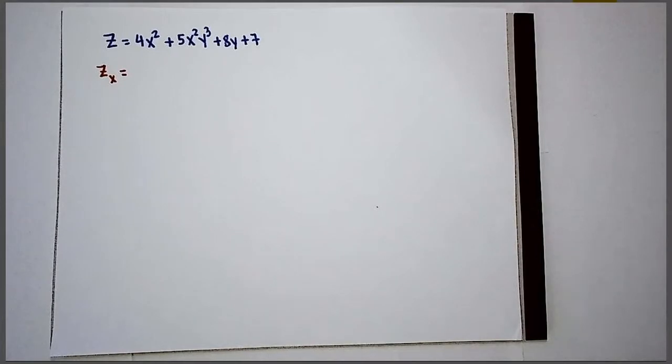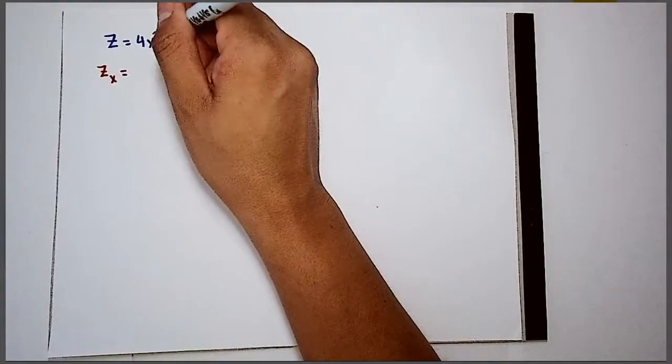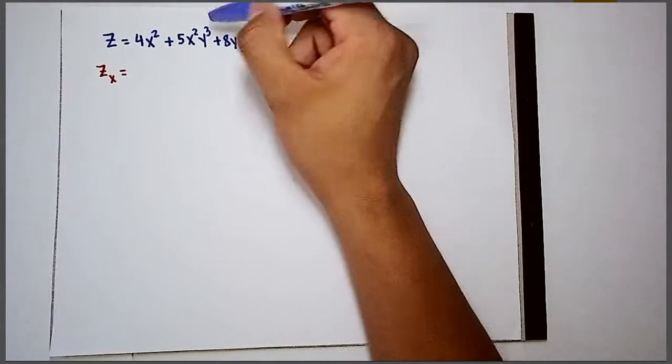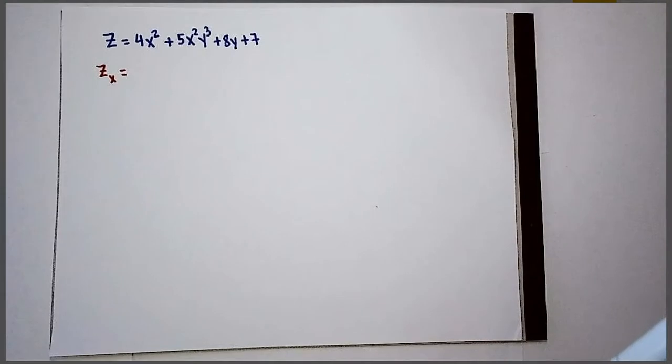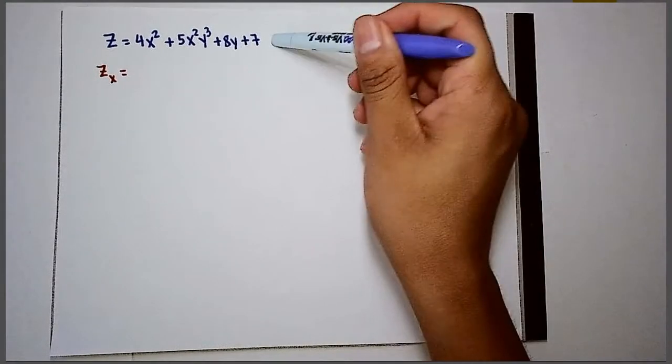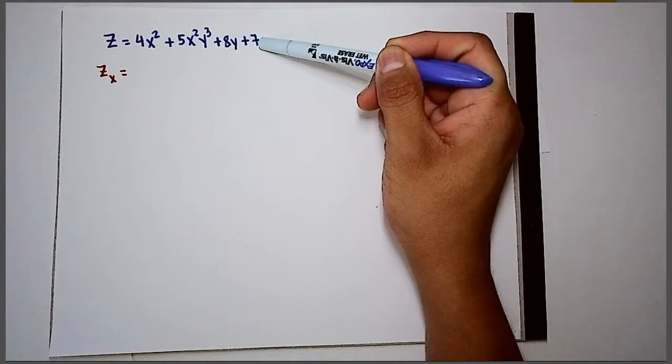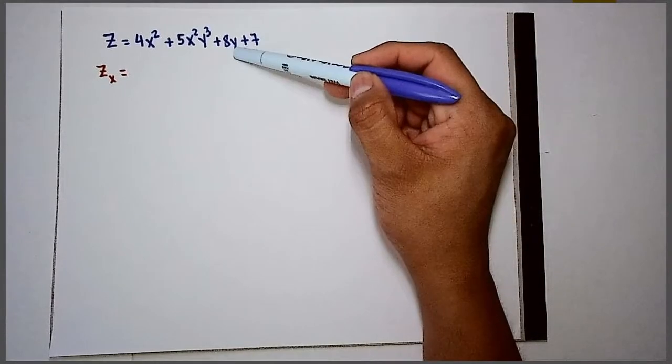In that case, y stays constant. So in order to do that, we look for the terms that have x. For example, here we have 4x squared and 5x squared y cubic. The other two, as you can see, there is no x. So think that y is a number.